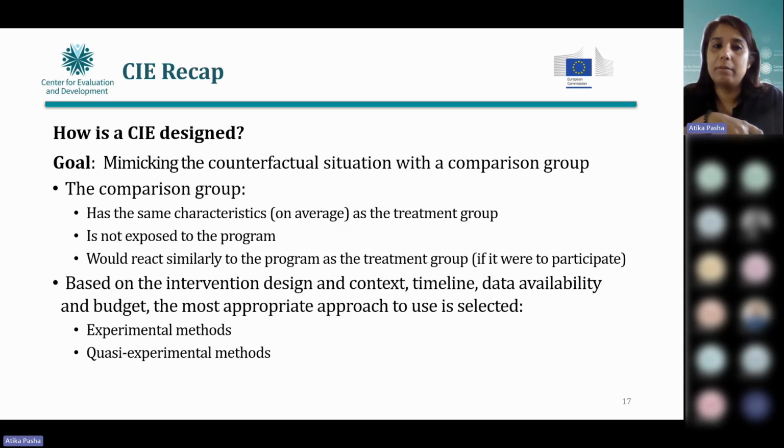And then, of course, there is the data availability and the budget associated with your program and its evaluation. So we can design several types of counterfactual CIE methods, or we have several CIE methods that can be modified to fit several contexts. It relies on your creativity, and your understanding of the program naturally, to define the method most suitable for your program.